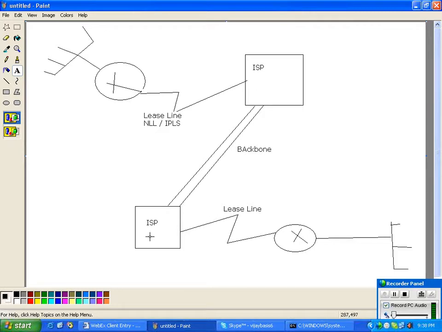Chicago local ISP office to New Jersey ISP office, there will be a backbone connection. It means in this backbone connection you may have intermediate ISP offices. It will cross many ISP offices, and it will reach your ISP office, and from there it will reach your router, from router to your network.